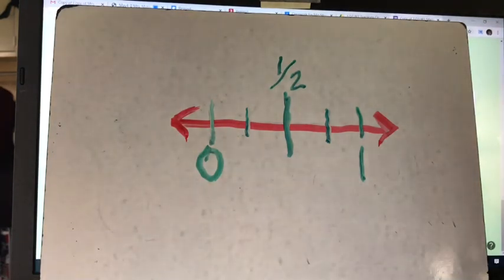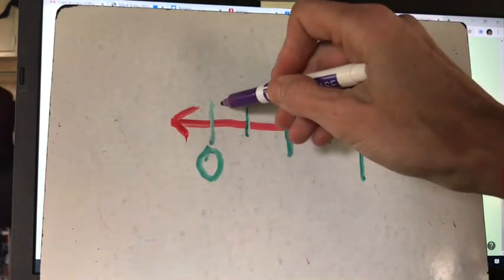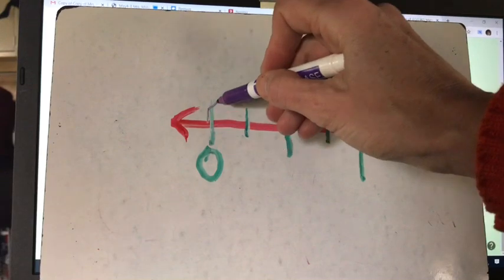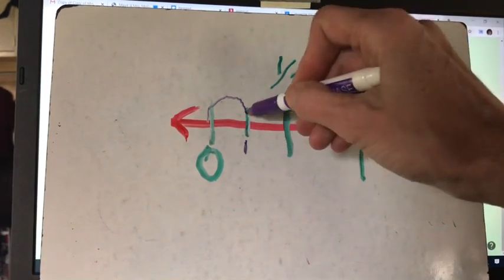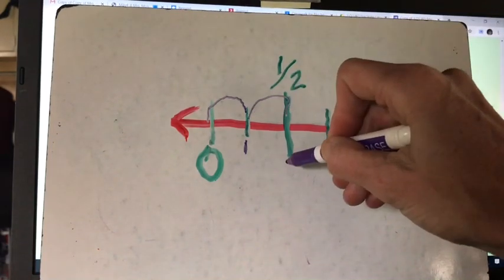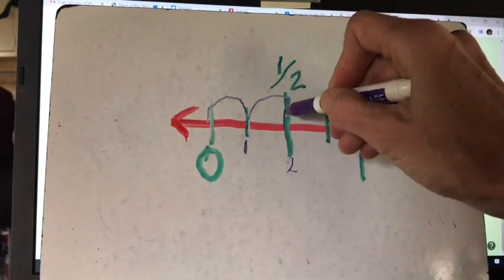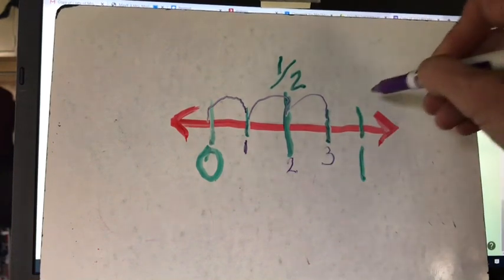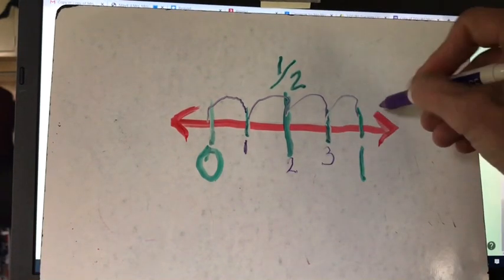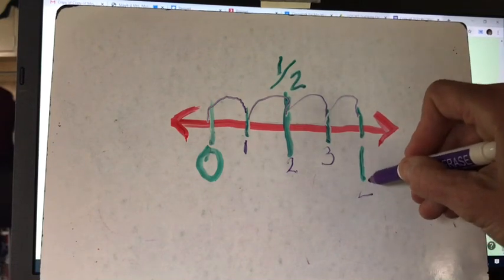What you're doing is you're counting jumps on a number line. So you start at 0, and I'm going to count, here's 1 jump. So I'll put a 1 right here. Here's 2 jumps. I'll put a 2 right here. Here's 3 jumps. I'm going to put a 3. And 4 jumps. I'm going to put a 4 right here.